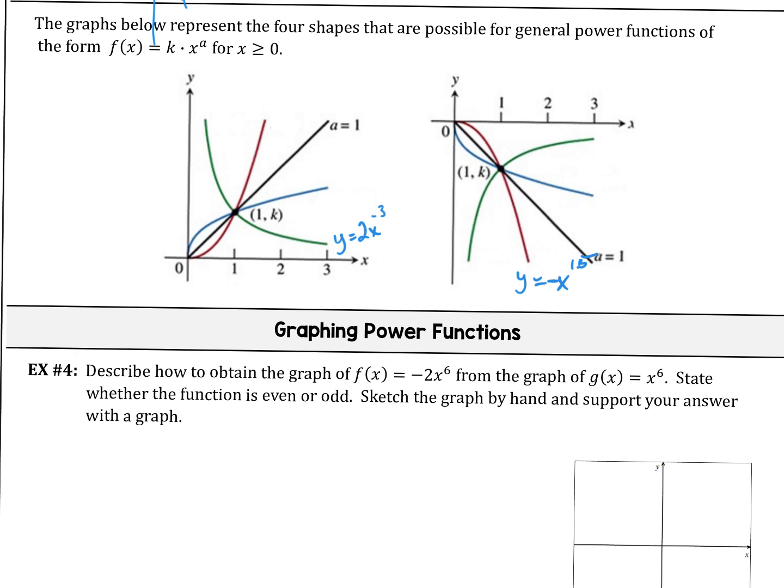X raised to the 0.4? Okay. So which one is it? It's in the positive. It's the first graph, isn't it? Which color is it in the first graph? The blue one. So y equals x to the 0.4.